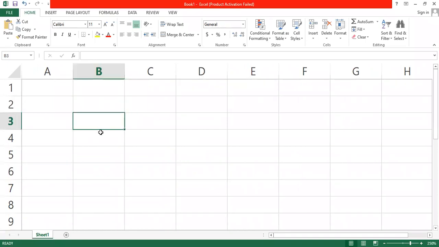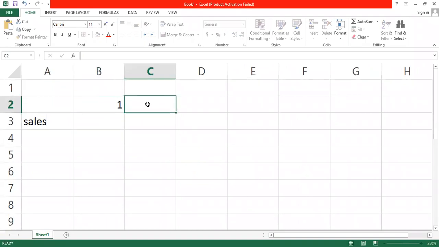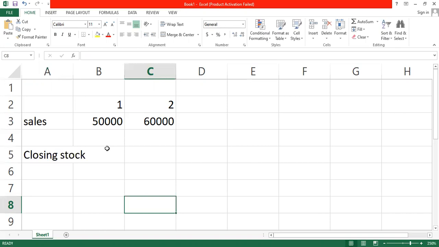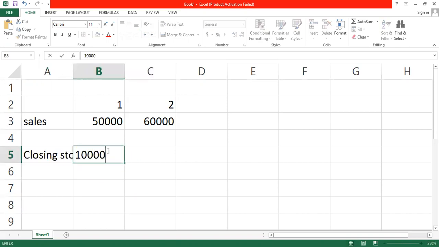Assuming we are planning to produce or to sell, let's assume this is plant 1 and 2. So we are planning to sell 50,000 units in plant 1, 60,000 units in plant 2. And we are saying that at the end of every year, we have a closing stock of 10,000 for month 1, 15,000 for month 2.